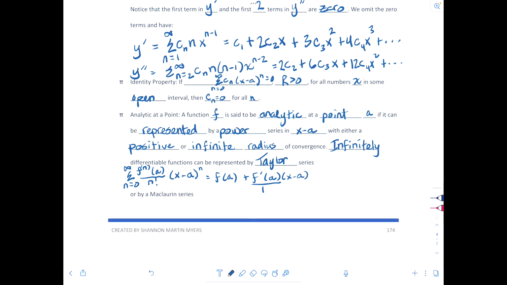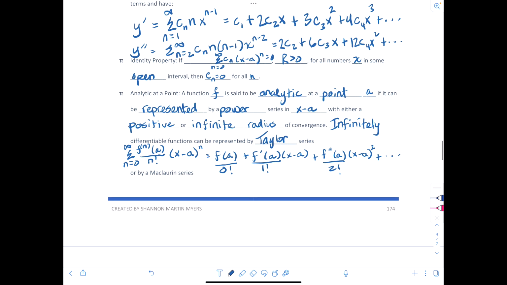First derivative, 1 factorial, which is 1. This would be 0 factorial, which is also 1. And then x minus a is to the 1 power. And then we'd have plus f double prime at a times x minus a squared over 2 factorial plus dot, dot, dot. It would keep going on in that way.